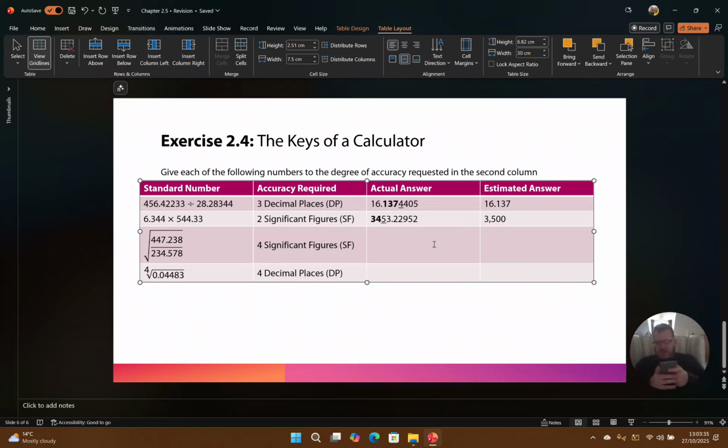And that gives you the square root of a fraction. 447.238 over 234.578. 4 significant figures of this. 1.380783882. Right, that's that one taken care of.